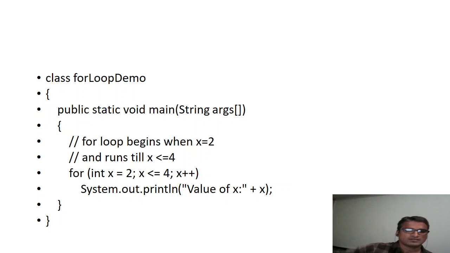So I will explain the for loop once again. Initialization means starting from 2, it will print the output as long as the x value is less than or equal to 4.